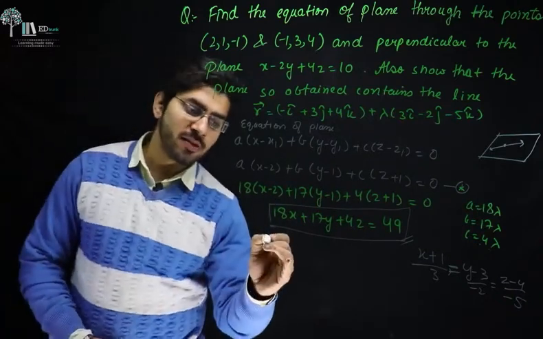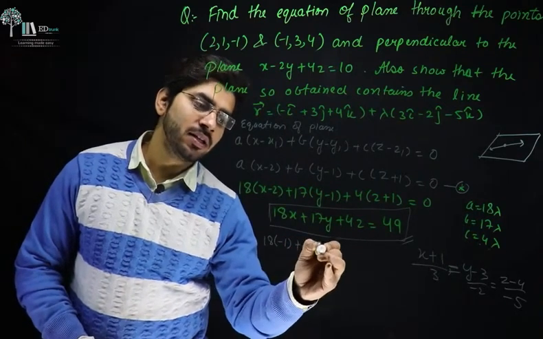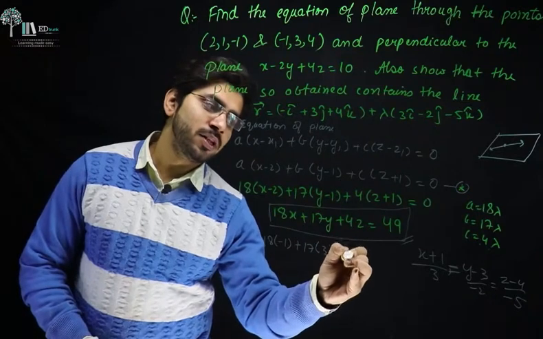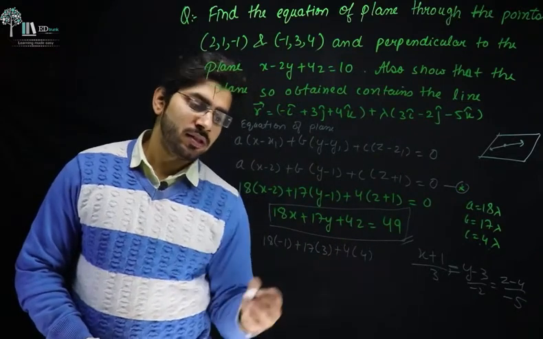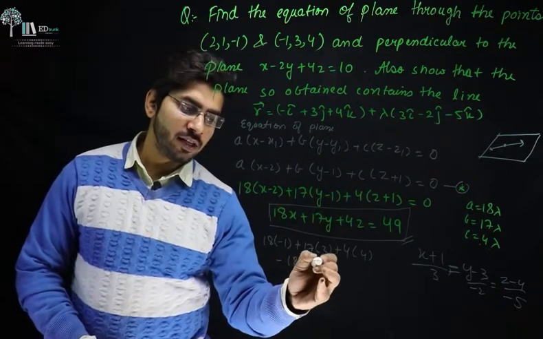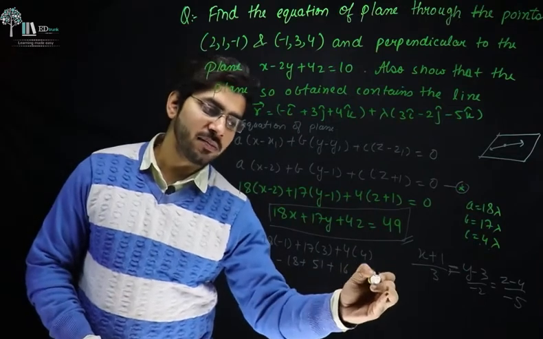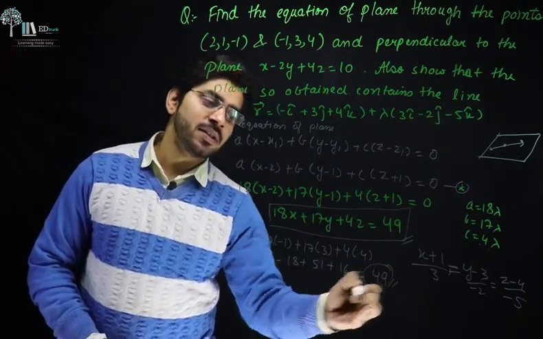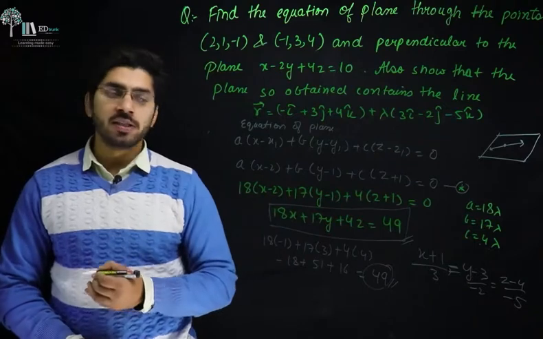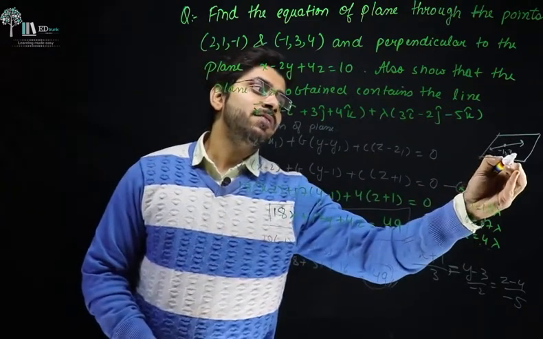So if I substitute this value here, 18 into minus 1 plus 17 into 3 plus 4 into 4. If I solve this, it should be minus 18 plus 51 plus 16. So if I'm solving this, I'm getting the value as 49. That means the point minus 1 comma 3 comma 4 is satisfying the equation of the plane.